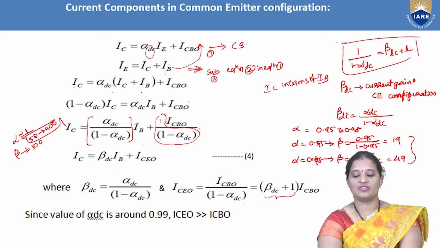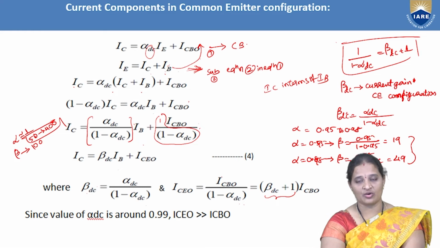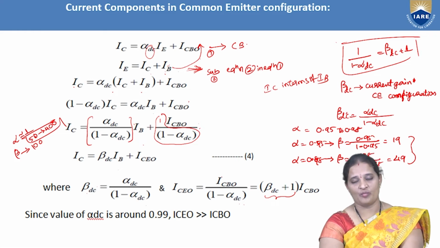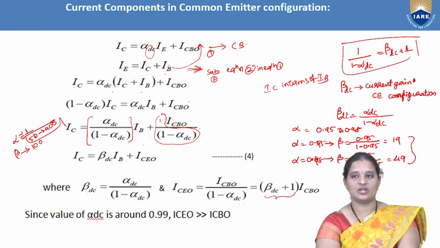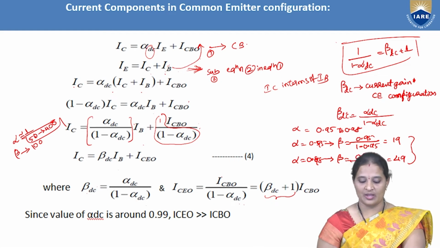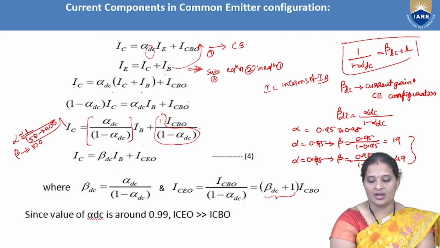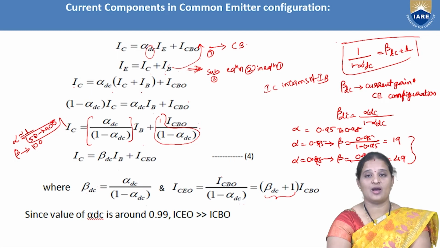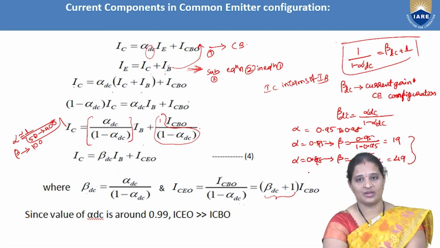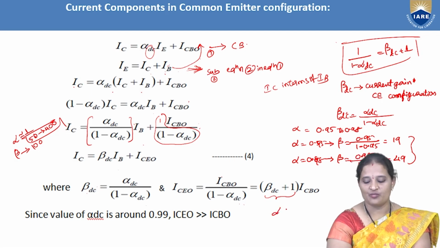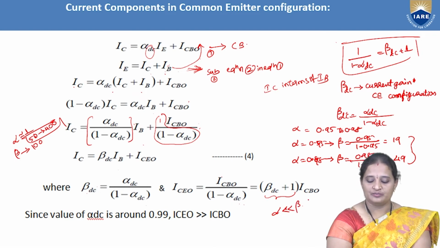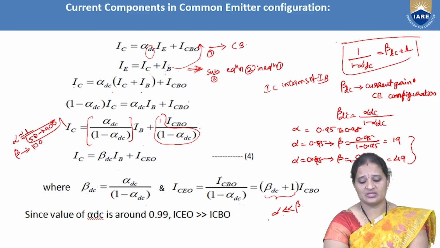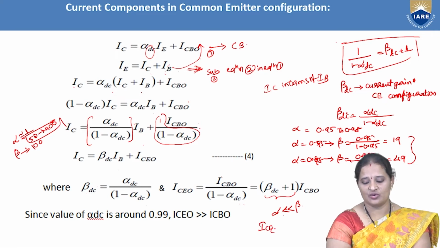Here beta is nothing but the current amplification factor, or current gain, of common emitter configuration. Comparing the alpha and beta values, alpha is very much less than beta. So what happens to ICE naught? ICE naught is equal to beta plus 1 into ICB naught.